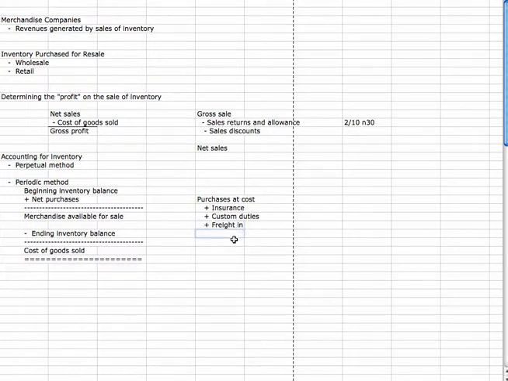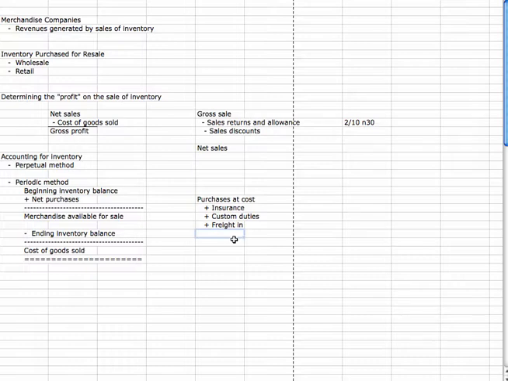And notice I'm saying freight in. What we mean is the freight charges or the delivery charges that we're paying to get the inventory delivered to us, to our location. That is part of the cost of the inventory.